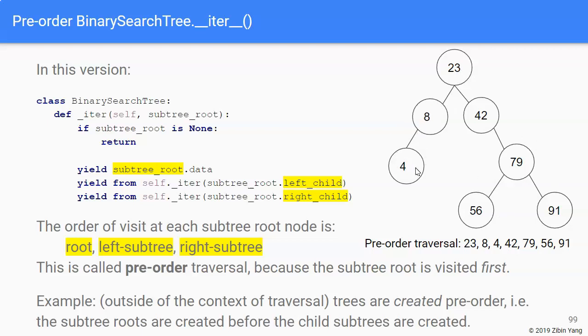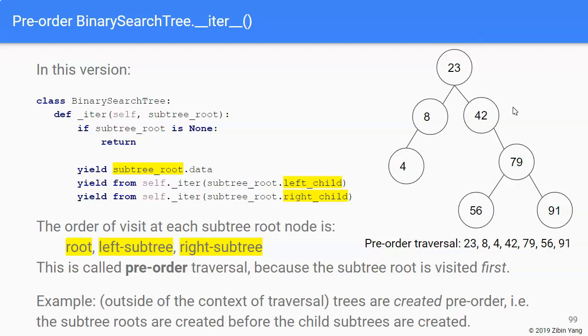The root of that left subtree is 8, so that's the next number. Then we go to the left subtree of 8, so we visit 4. And now at this point, the left subtree of the tree that starts at 23 is done.